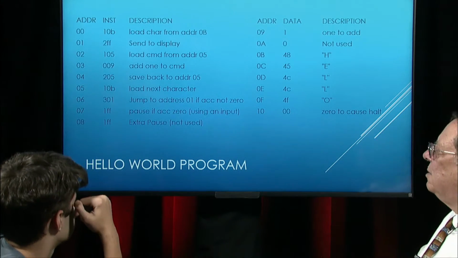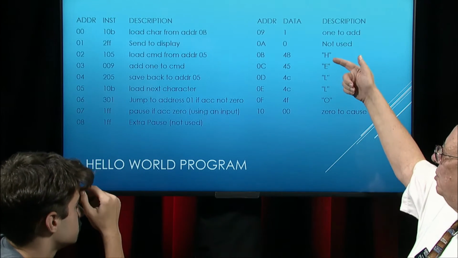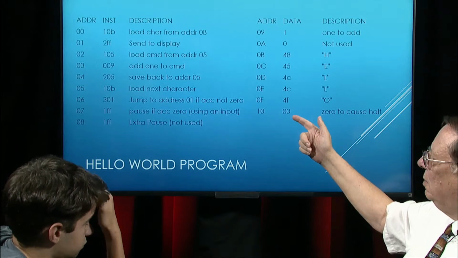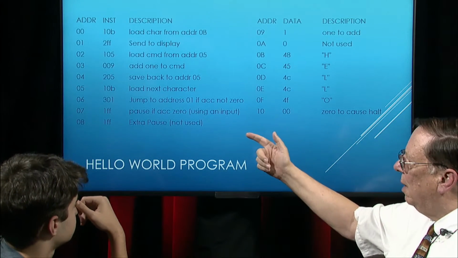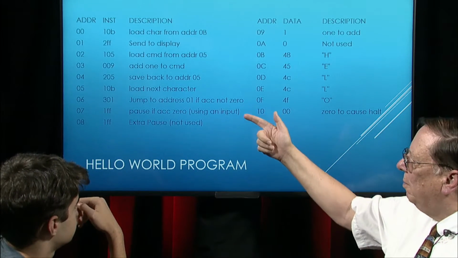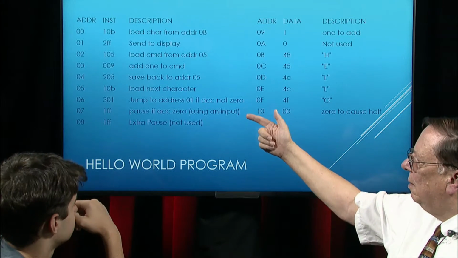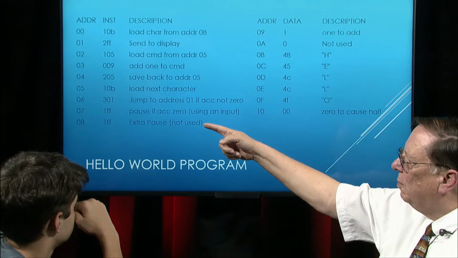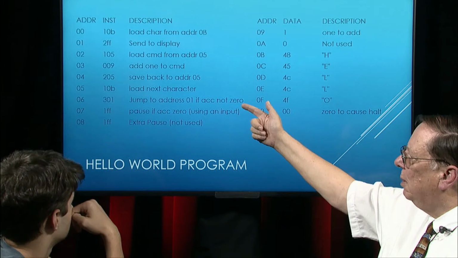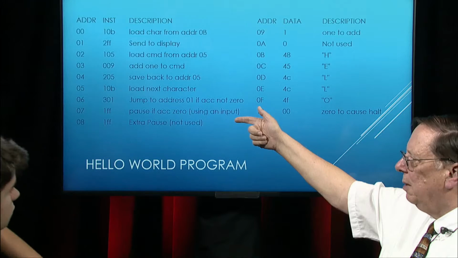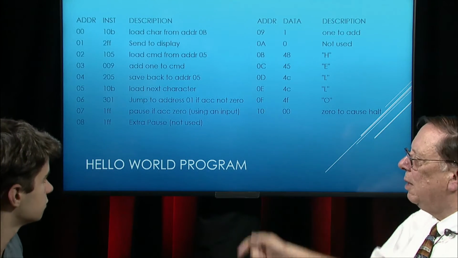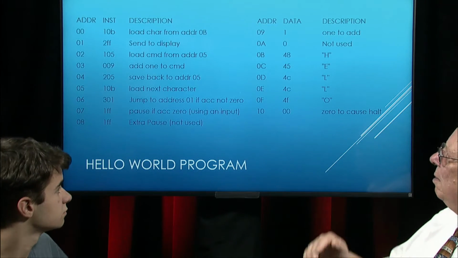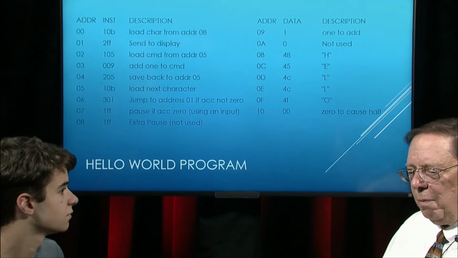So what this does is means we can print out a string like hello, and when we want to stop, all we have to do is load 0 into the accumulator. And then when we do the jump to memory location 301, it will say the accumulator's 0, so then it'll come down here. And this is an input command that causes it to pause until we type in something. So there's our hello world program.